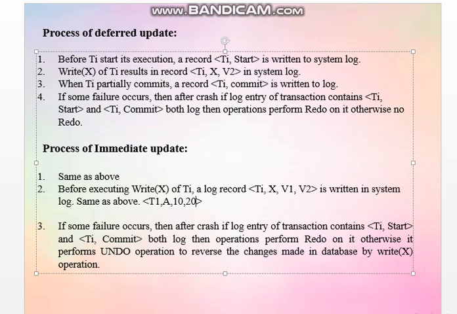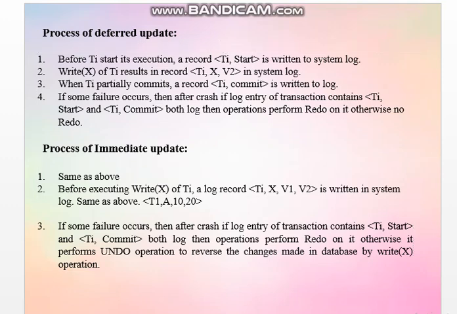If some failure occurs, then after the crash, if the log contains the entries Ti start and Ti commit, both, then the operation performed is redo. Suppose T1 and T2 are the transactions executing, something goes wrong, and the transaction fails.